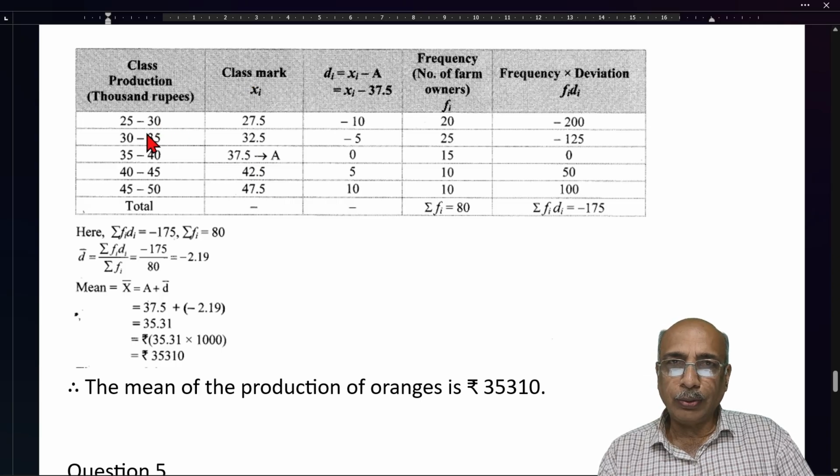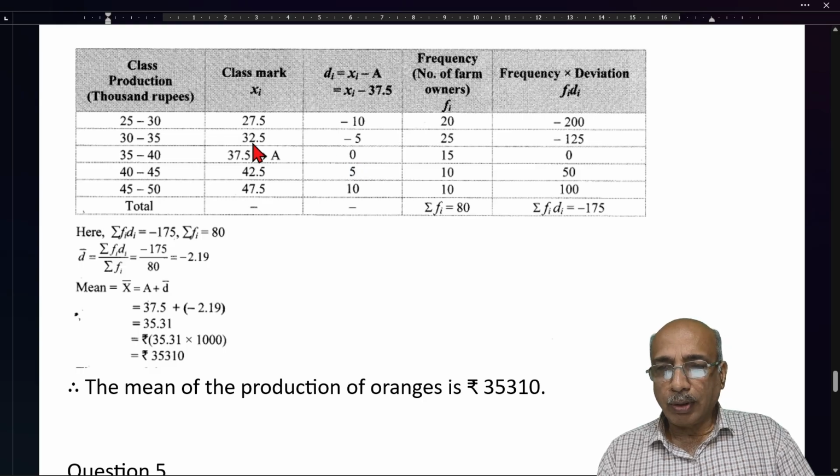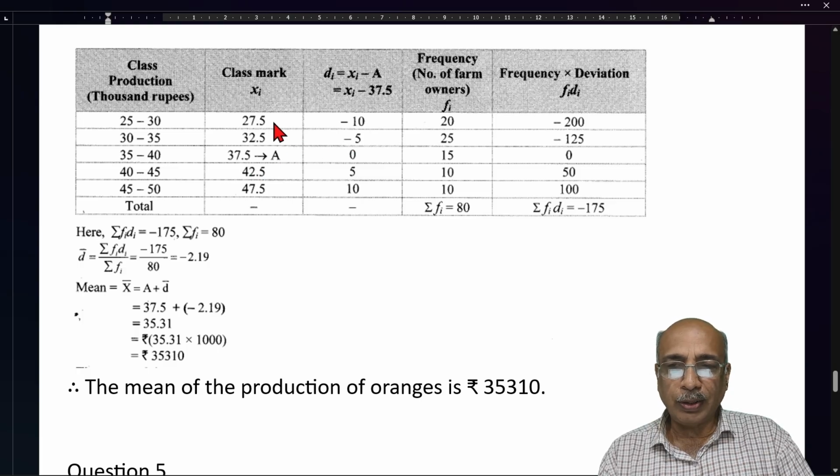Again, you know how to take the mean of the two, 25 plus 30 divided by 2, 27.5 and so on. Here you have assumed the mean as 37.5. So this deviation will be 0. For this it will be 32.5 minus 37.5 equals minus 5. 27.5 minus 37.5 equals minus 10.